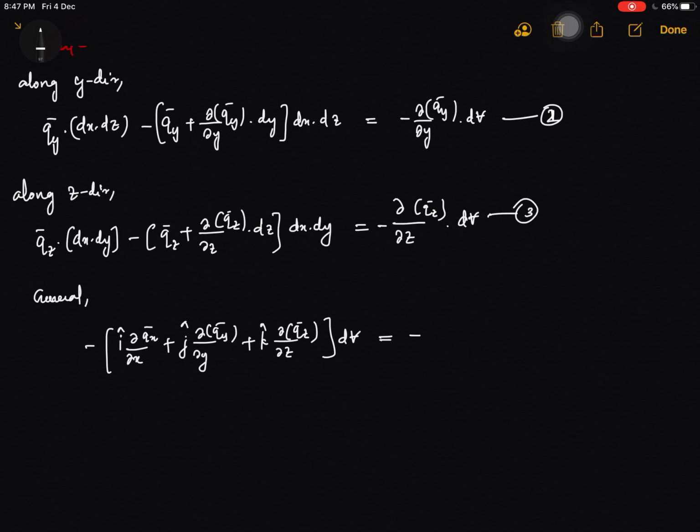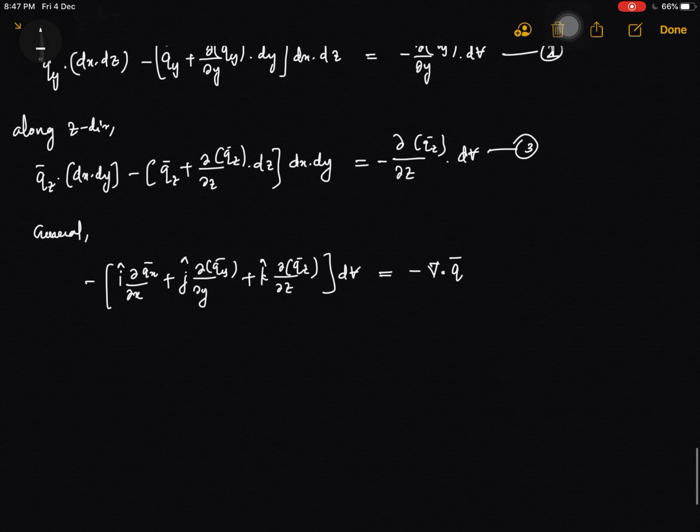So this can be written as minus del dot q bar, where q bar is equal to minus k del T. Okay, this is explained in the last lecture, so please go through it for any clarification.